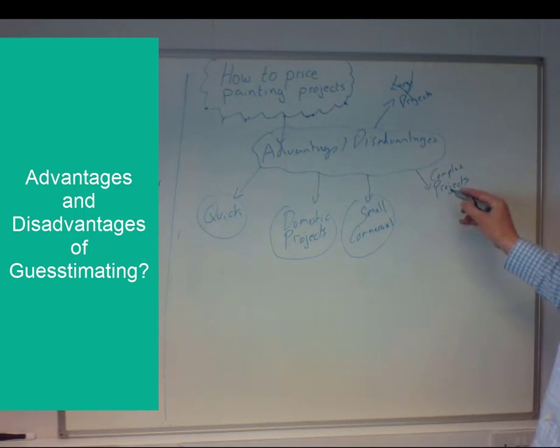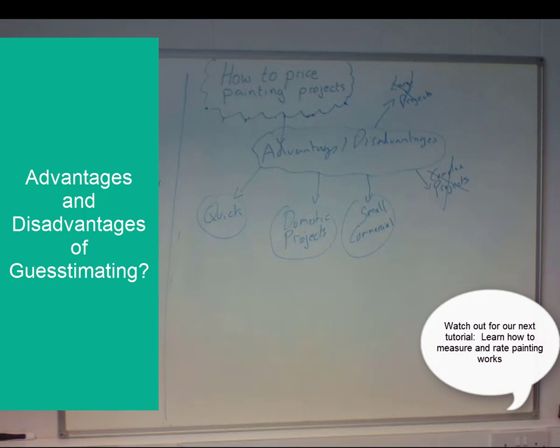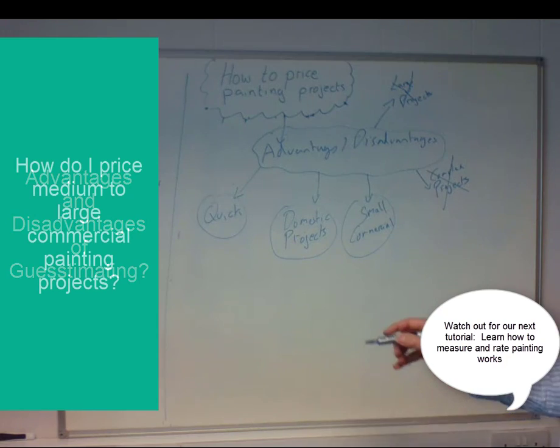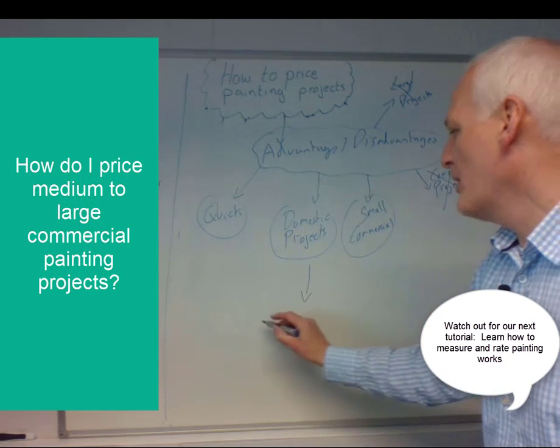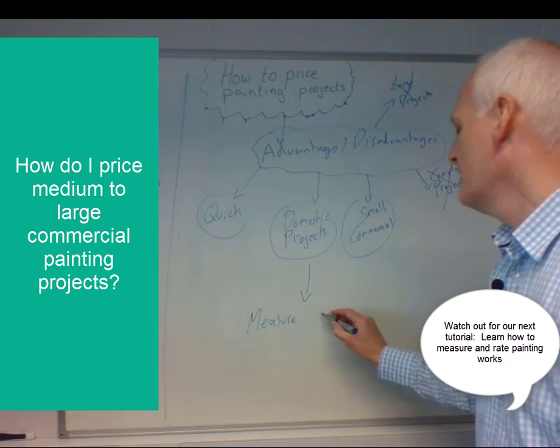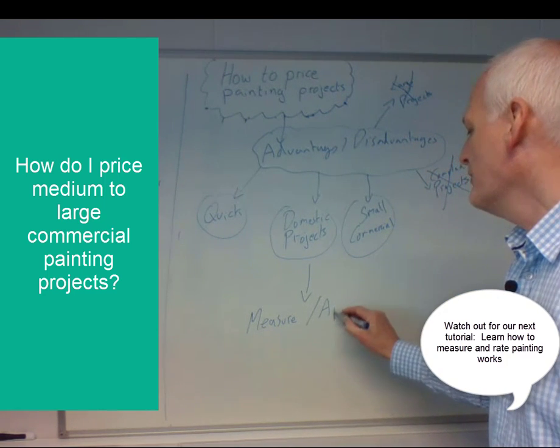It's not one to use for complex projects. So the question then arises, I've got a large project to price, I've got a difficult project to price, how am I going to price it? And the only way that you can price these type of works is to measure the painting works and apply unit rates.